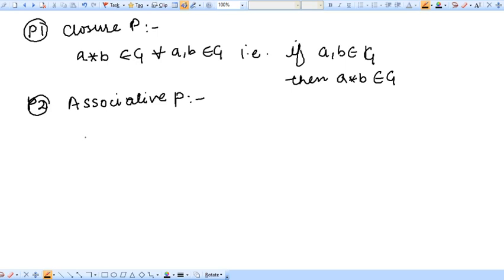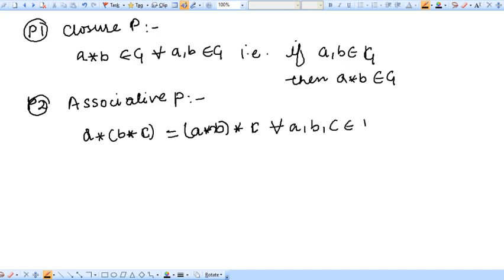It says A star (B star C) should be equal to (A star B) star C for all A, B, C belonging to G. That is, when we operate B and C first, then operate with A, it should equal operating A and B first and then operating with C. This should also be true.